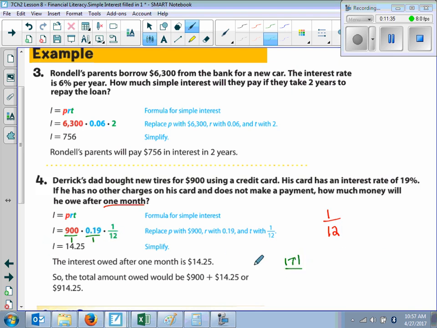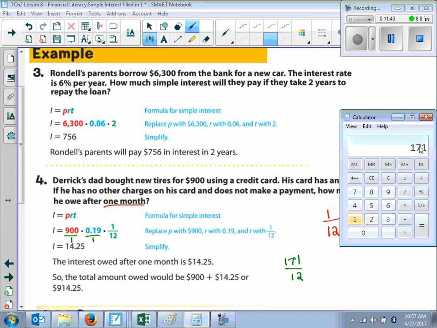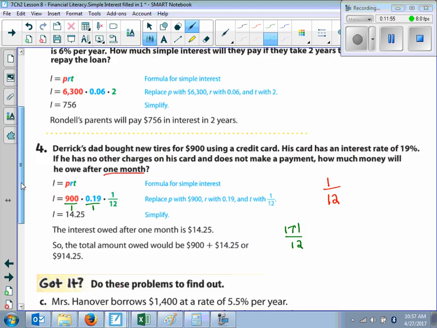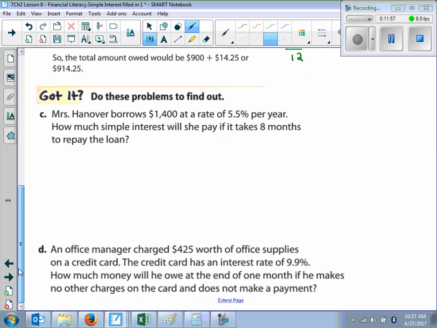And then 1 times 12, that's 12, that goes in the denominator. Does everybody see that? So when we divide 171 divided by 12, that gives me $14.25. Is everybody clear with that? Okay, and we'll do a couple more examples down here.